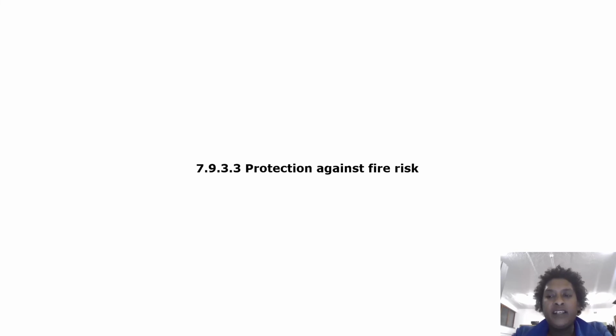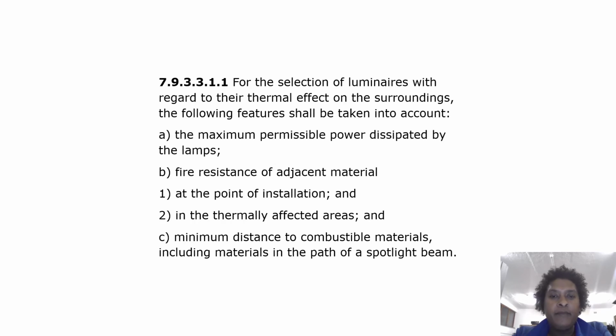Protection against fire risk. Mounting of luminaires. For the selection of luminaires with regard to their thermal effect on the surroundings, the following features shall be taken into account: the maximum permissible power dissipated by the lamps, fire resistance of adjacent material at the point of installation and in the thermally affected areas, and minimum distance to combustible materials, including materials in the path of a spotlight beam.